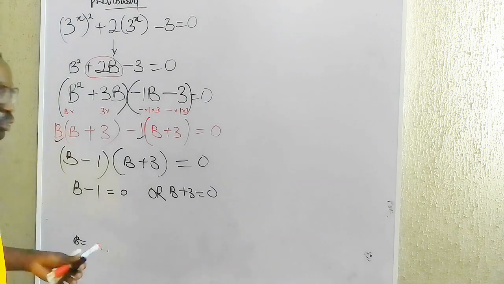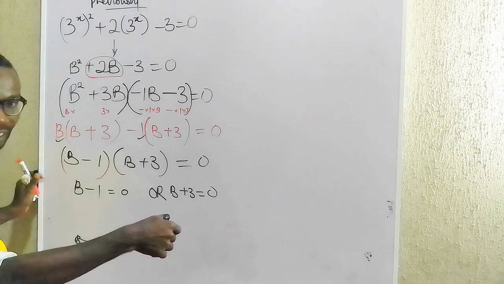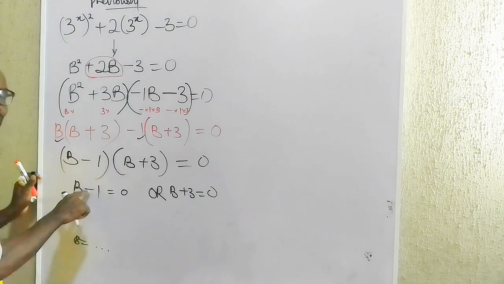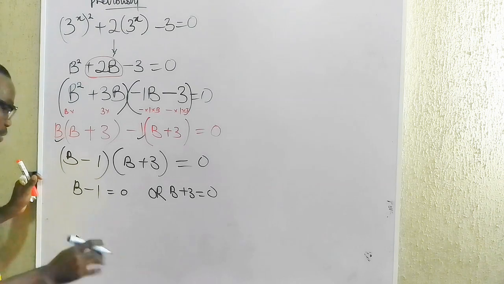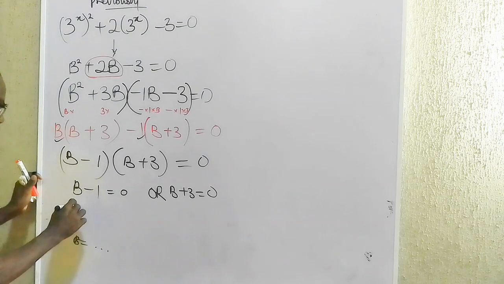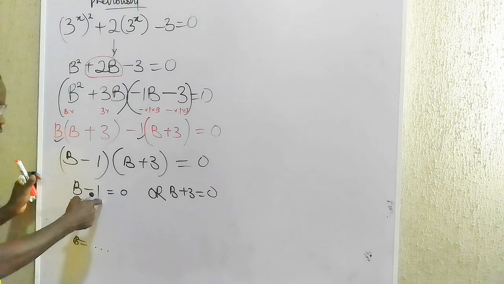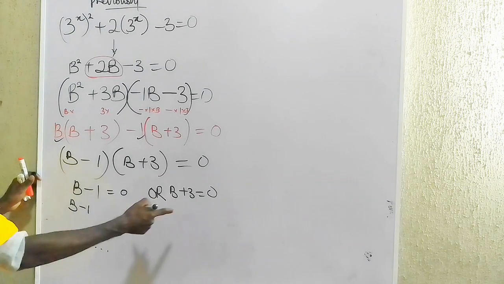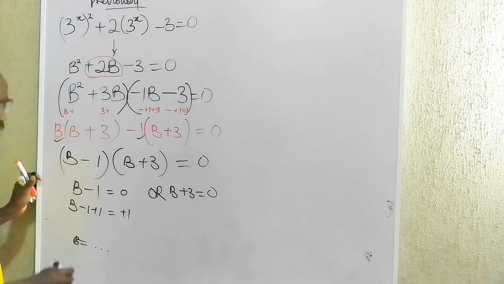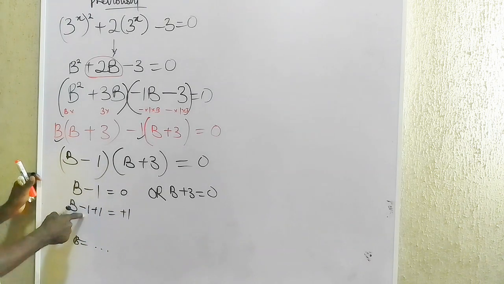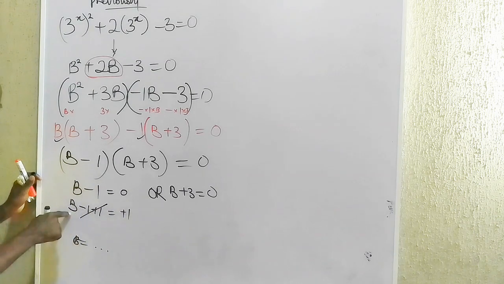Some people will just say if minus 1 crosses the equal sign, the minus will change to plus. But basically what is done in maths is, you add that one, and what you do to the left side of the equation, you do to the right. So I'm adding plus 1 here, and I'm also adding plus 1 here. Minus $1, owing $1, paying $1, it cancels. So what remains here? B.